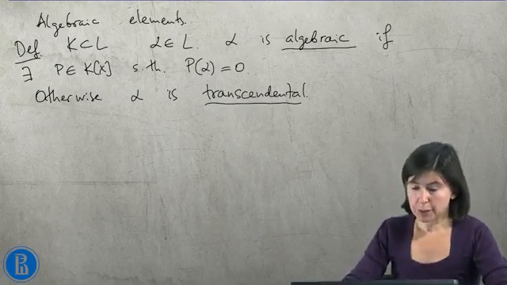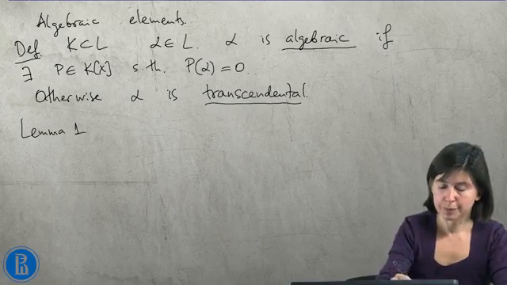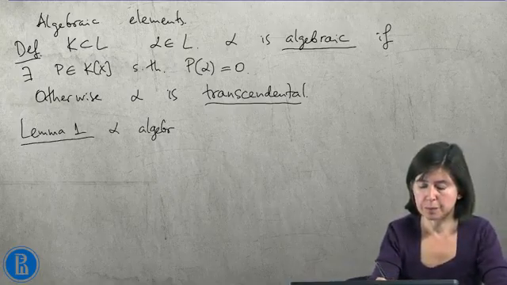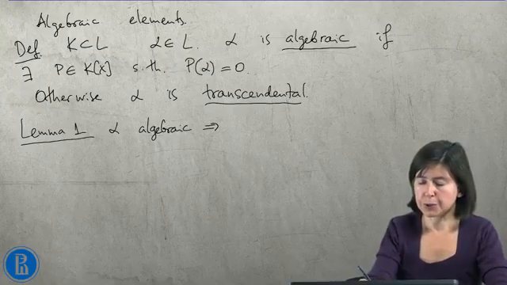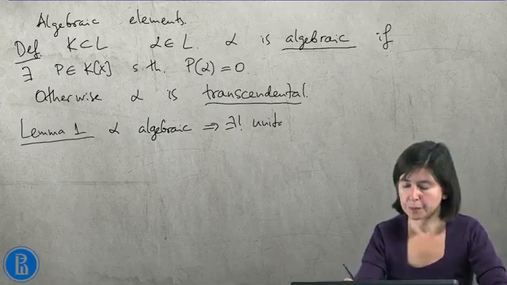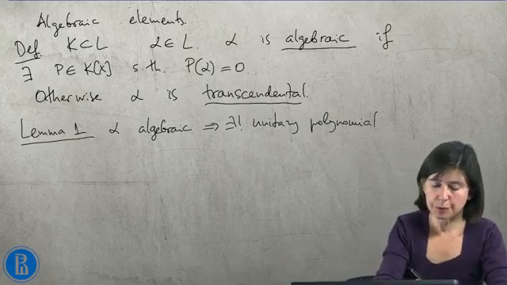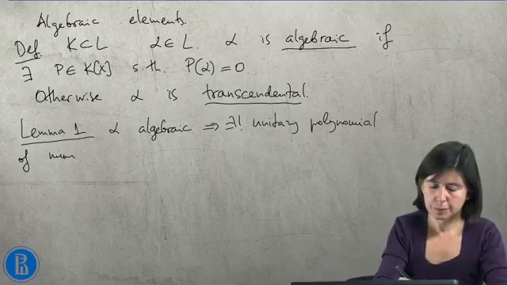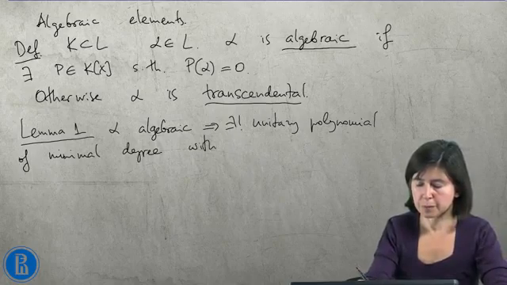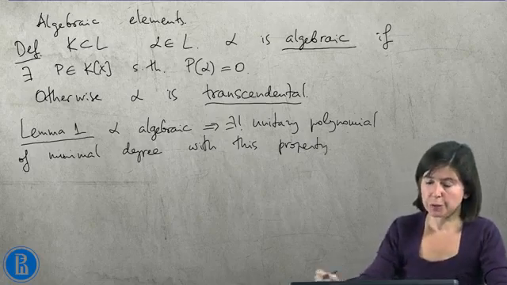Well, let me give you a lemma. If alpha is algebraic, then there exists a unique unitary polynomial of minimal degree with this property. Such a polynomial is irreducible.